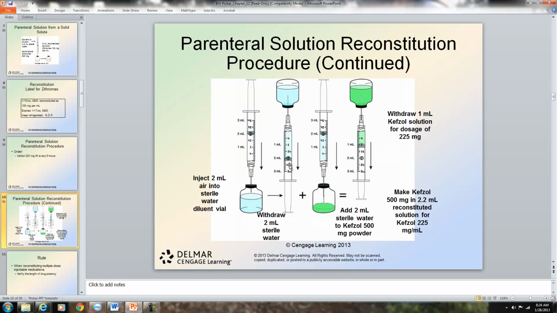I shouldn't use the word solution, liquid. So you inject 2 milliliters of air, then you withdraw 2 milliliters of water. You put the 2 milliliters of water into the powdered Kefsol.